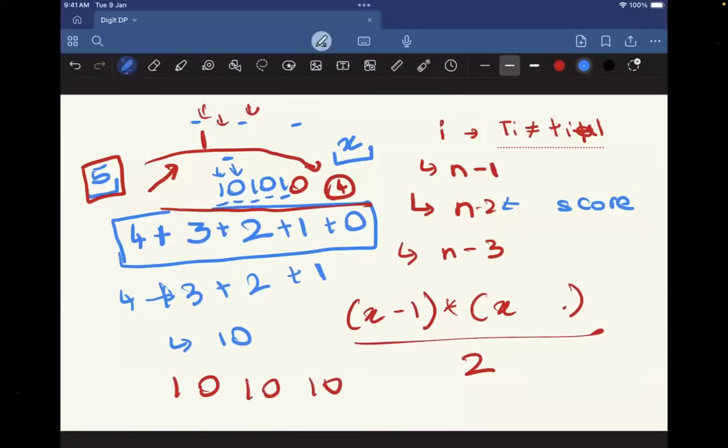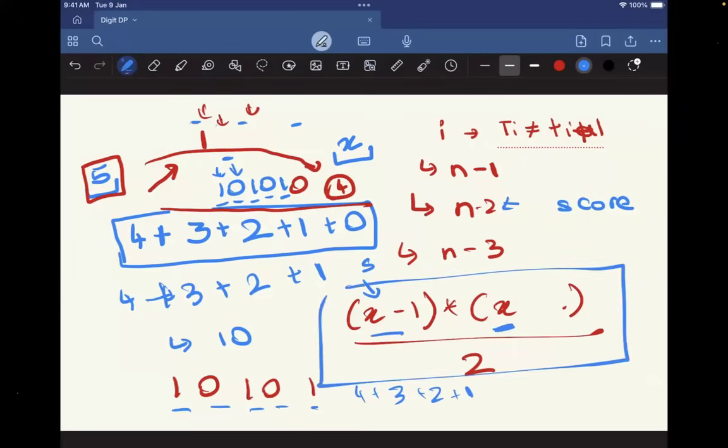The number of valid indices right now are 5. Do you see that when I remove my first number, the number of valid indices are 4. So it is 4 plus 3 plus 2 plus 1. Since x here is 5, it is 4 into 5 by 2, which is x minus 1 into x by 2.